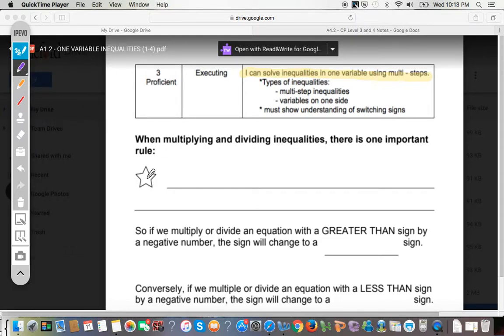Okay, so when multiplying and dividing inequalities, there's one important rule.